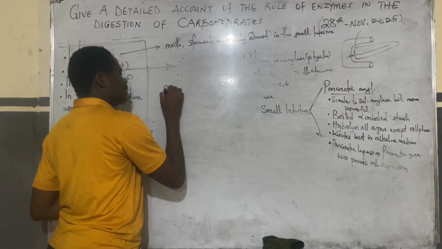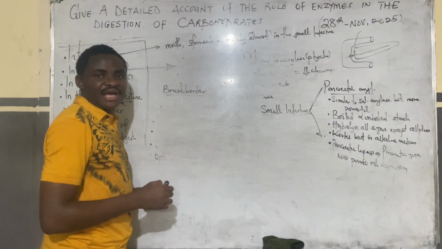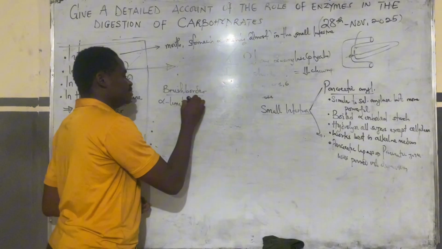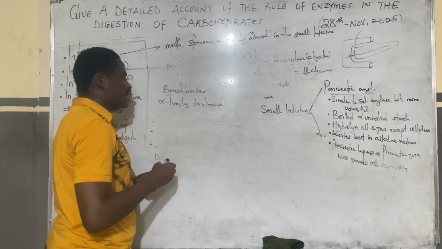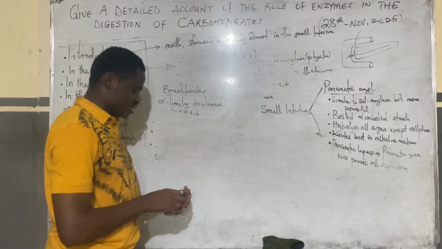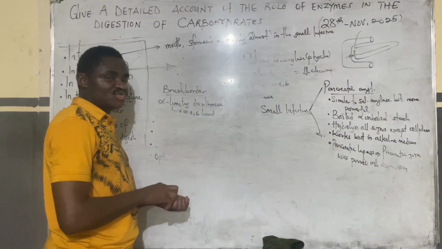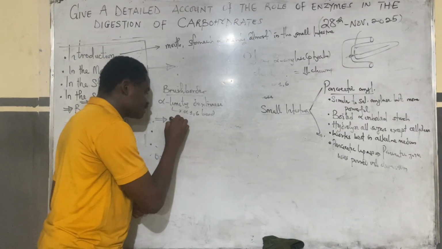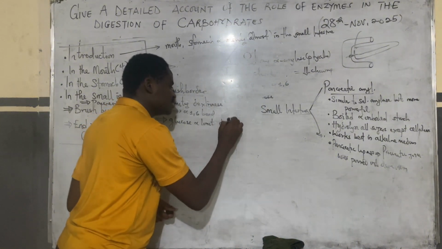The brush border of the small intestine has a particular enzyme, and that enzyme is called alpha-limit dextrinase. Alpha-limit dextrinase happens to be the only enzyme that breaks down alpha-1,6 bonds to liberate free glucose and limit dextrin.